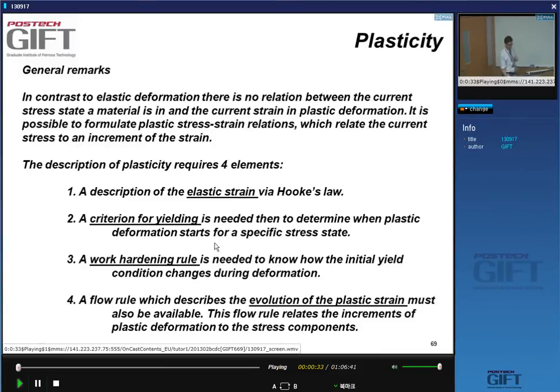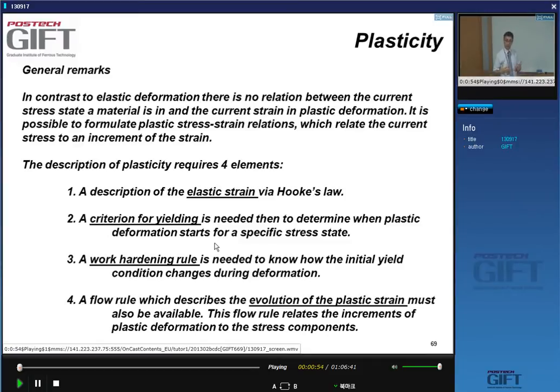We need to know at what stress level we get plastic permanent deformation. We need to have a hardening rule because we need to know how the initial yield conditions will change as we deform the material.